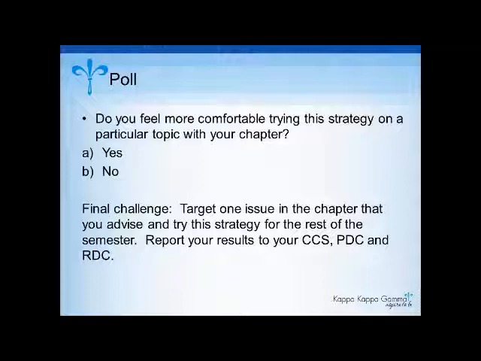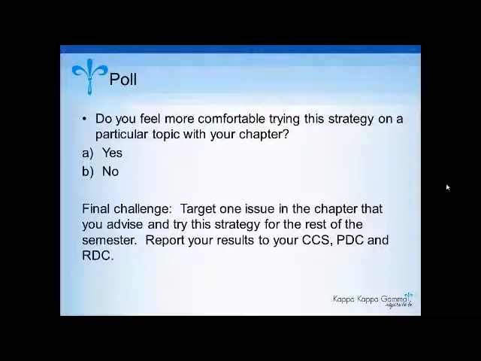Okay, another poll that I would ask you to use to just type in, please. Do you feel more comfortable trying this strategy on a particular topic with your chapter? Yes or no? I'm having trouble with my question panel here.